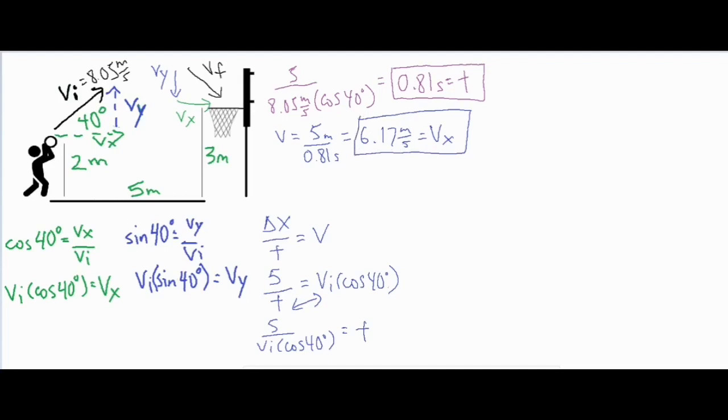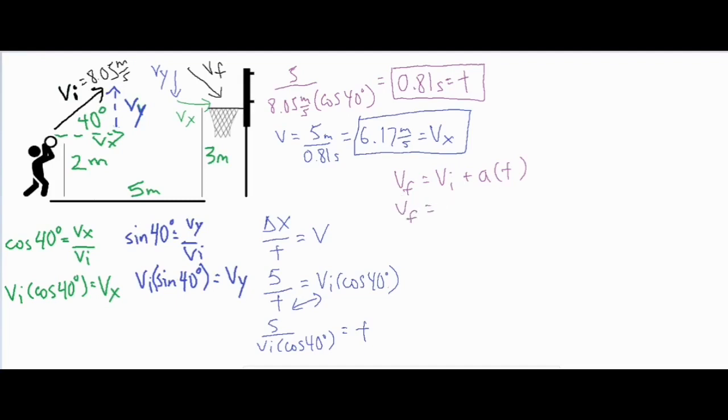Now for the y component, I want to use an accelerated motion formula because the motion moving up and down is accelerating because of gravity acting in the vertical direction. So if I want a final velocity, I can do vi plus a times t. And I'm looking for my vf, so I'm going to write vf.